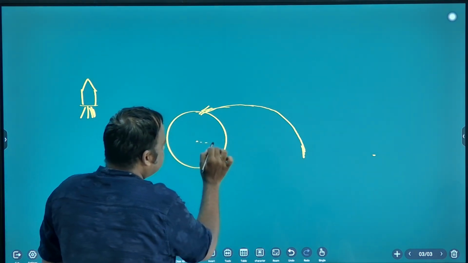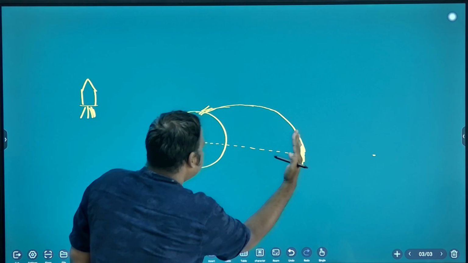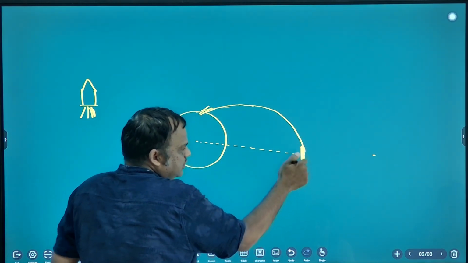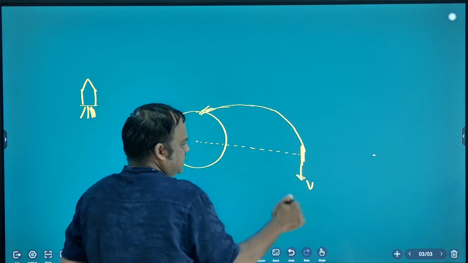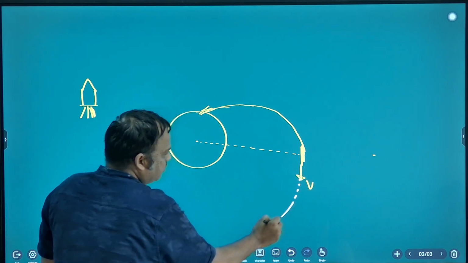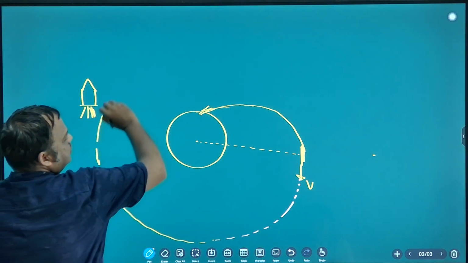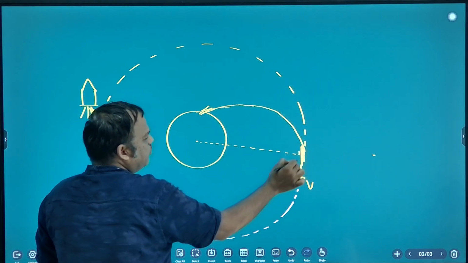Suppose this is the center of earth. Now the rocket will be perpendicular to the radius. Then it will throw that satellite here. So the velocity of the satellite is such that it will perform circular motion around earth. Then the remaining part of the rocket will fall back on earth.